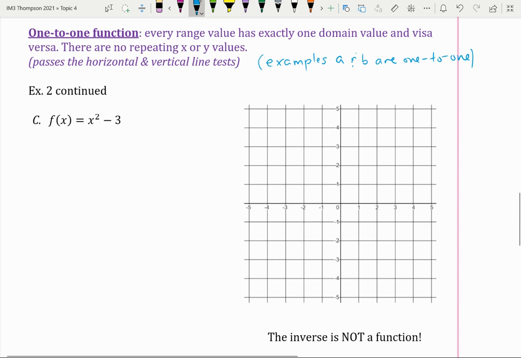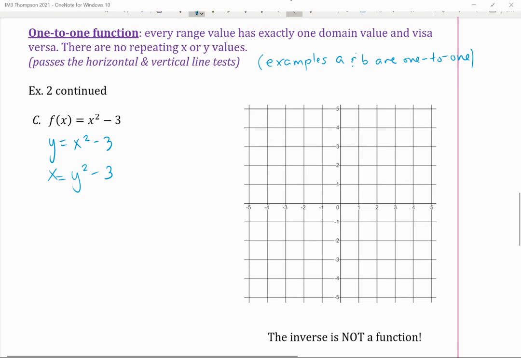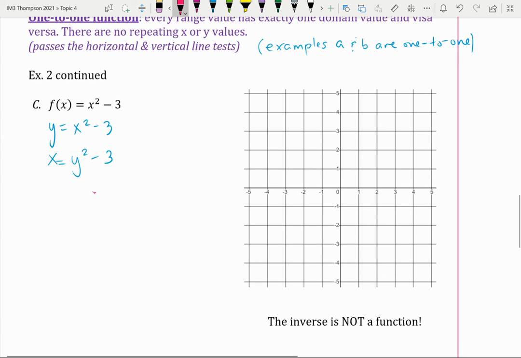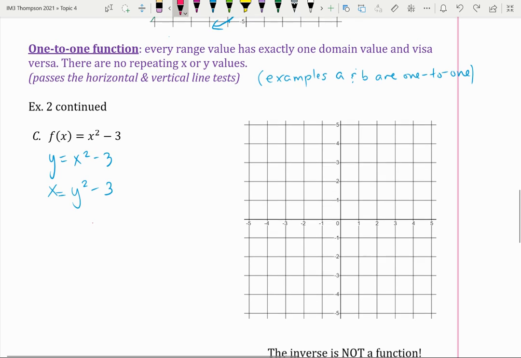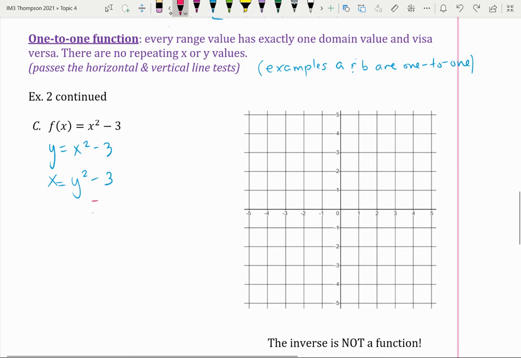Okay, so I will replace f of x with y. I'm going to exchange x and y. And then solve for y. So first thing to solve for y, I got to add 3 to both sides.